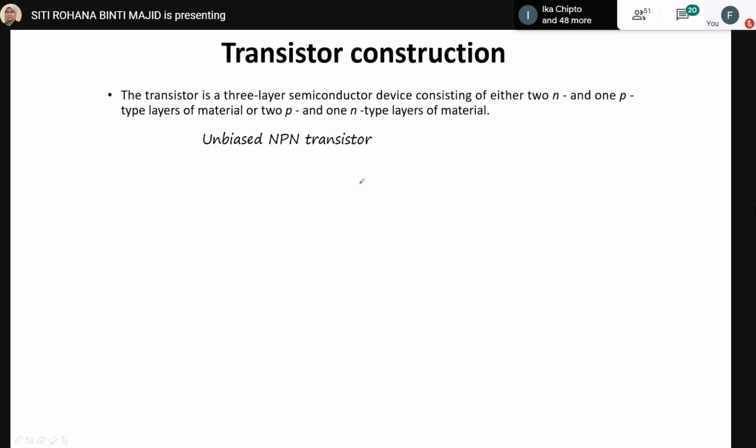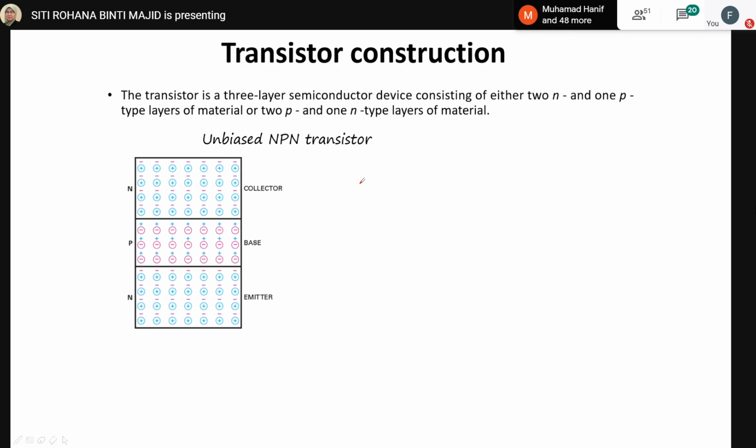So be clear that we only cover the DC part, which is quite simple compared to the AC part. Okay, so a transistor has three-layer semiconductor devices, which I showed just now: we have NPN or PNP.